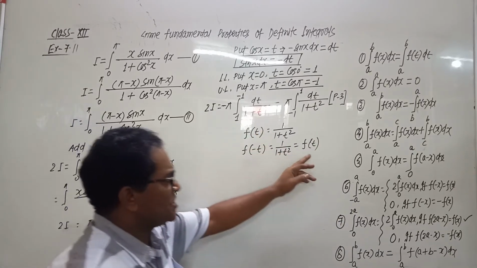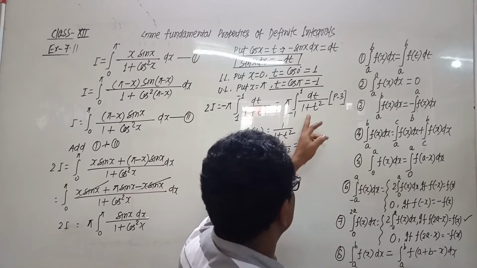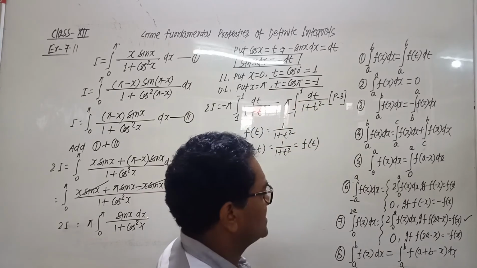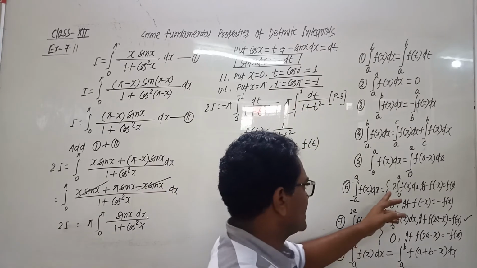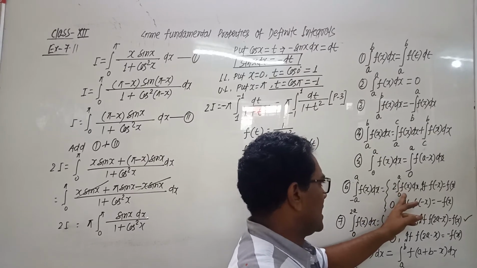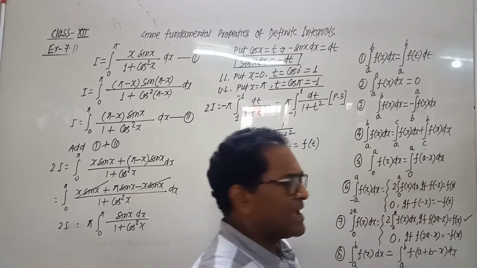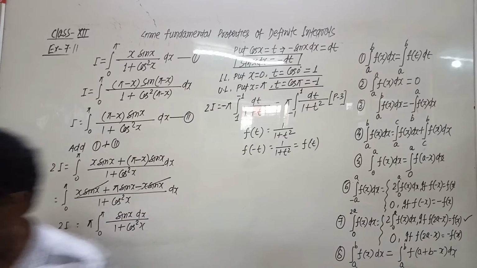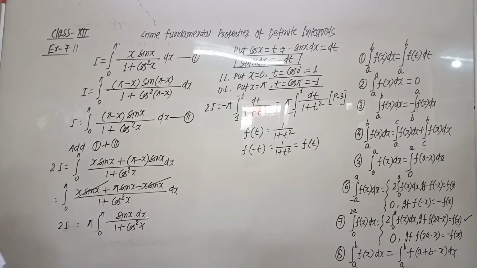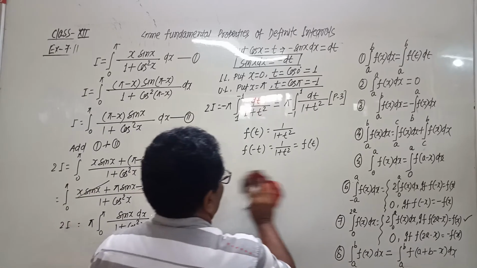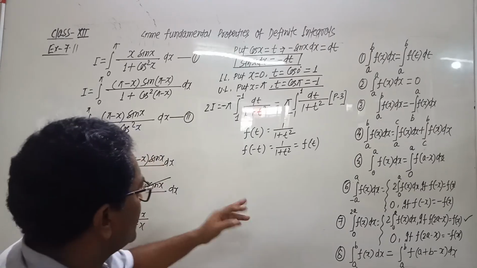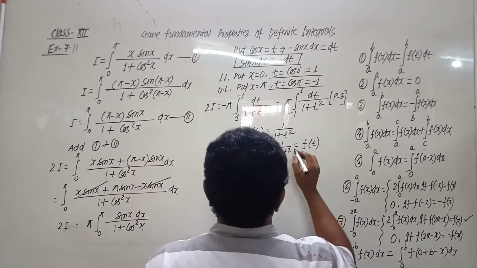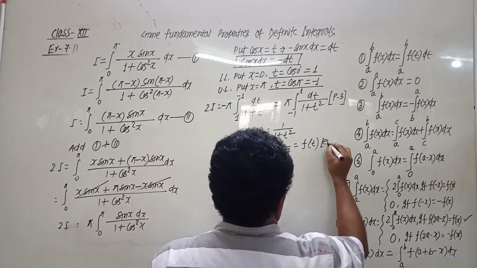It means it is an even function, and for even function we multiply by 2 and limit 0 to a, f(x) dx. So we use this property.